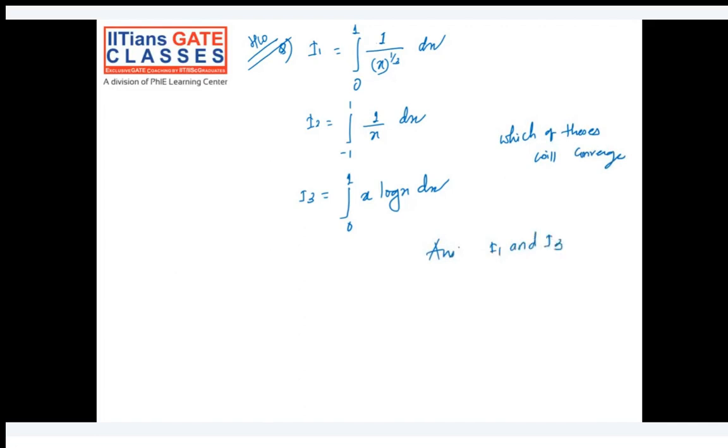Options will be I1, I2, I3, I1 and I3, I1 and I2, I2 and I3. So the correct answer is I1 and I3 should converge. You solve this question. I1 and I3 converging means I2 should tend to infinity. You try this whenever you get some free time.